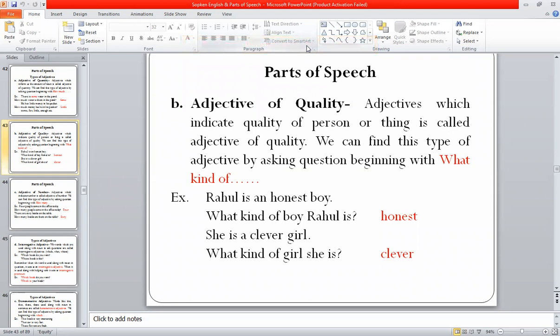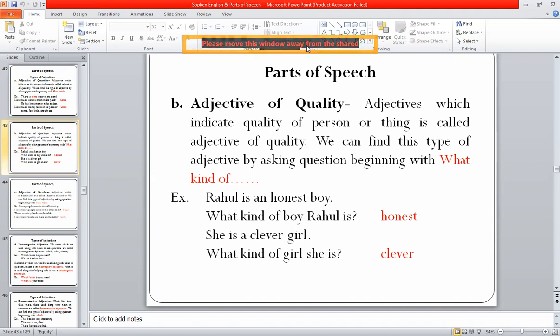Then see the next example. She is a clever girl. Let's ask a question starting with what kind of girl she is. It is answering the question, and it is clever.